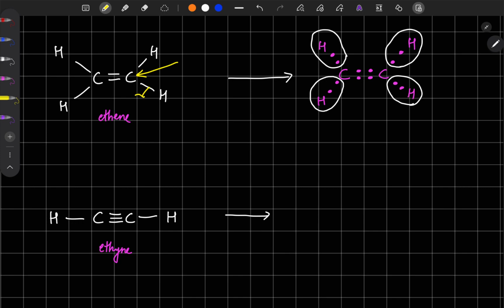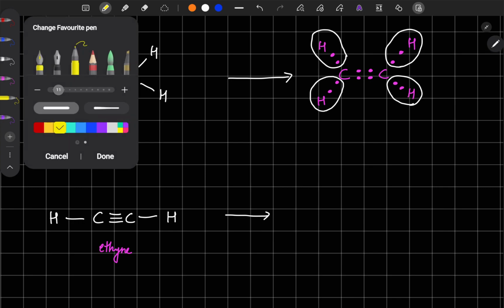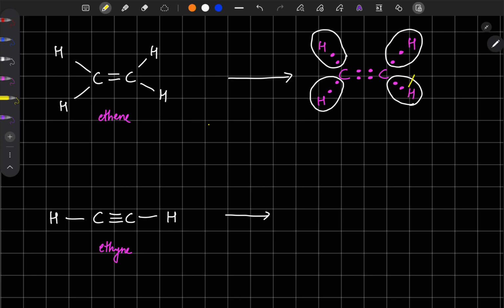When we circle it, the circle should include all those 4 bonds shared by this carbon. It's not a perfect circle, so I will redraw it. Okay, like this.